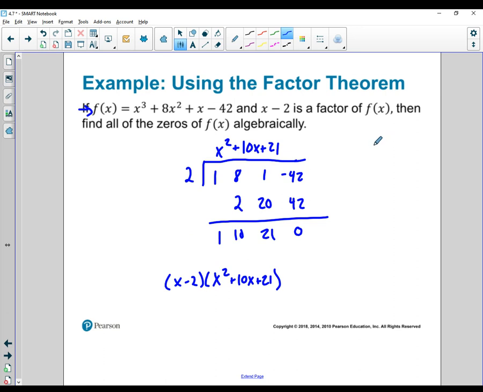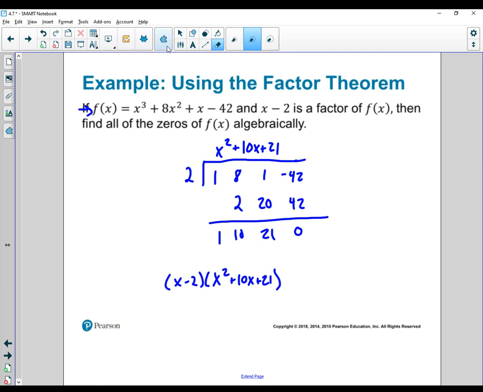That's basically like if we did 24 and we divided it by 6 and we got 4, right? Now we're just saying, okay, 6 times 4 is 24, right? Instead of writing 24, this is like writing it as 6 times 4, except instead of writing x cubed plus 8x squared plus x minus 42, we're writing it as x minus 2 times x squared plus 10x plus 21. That's basically what we're doing.